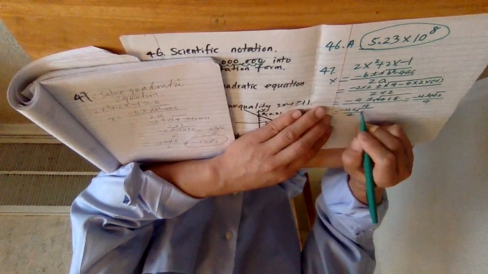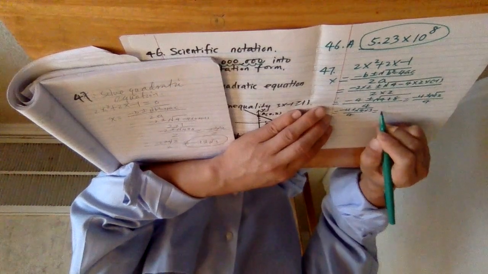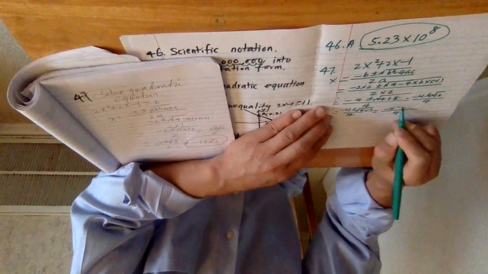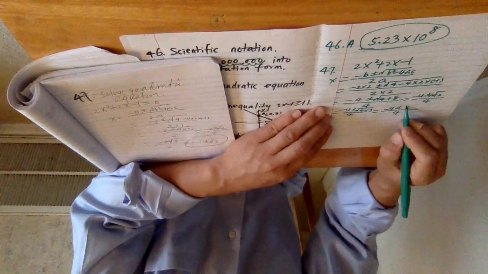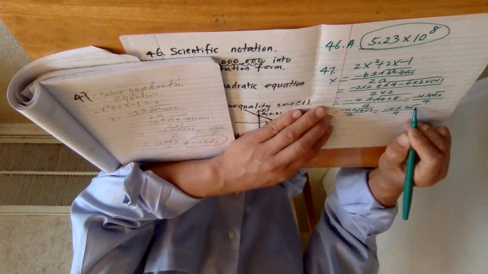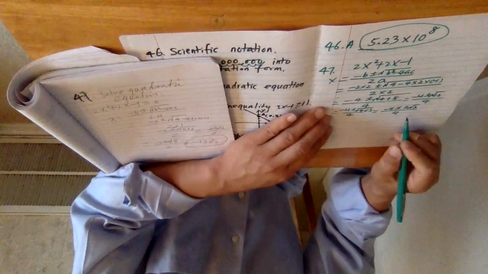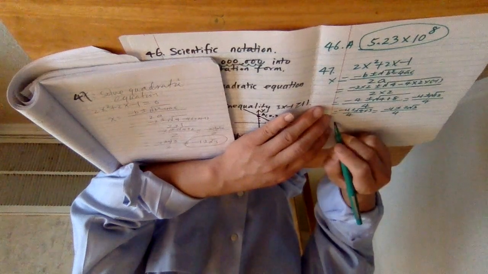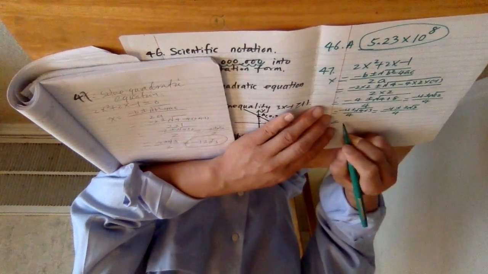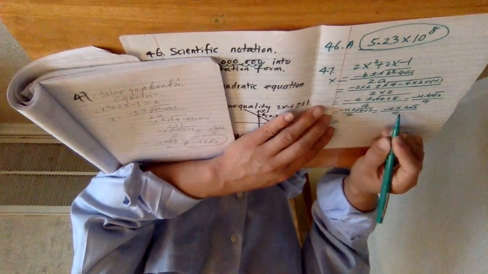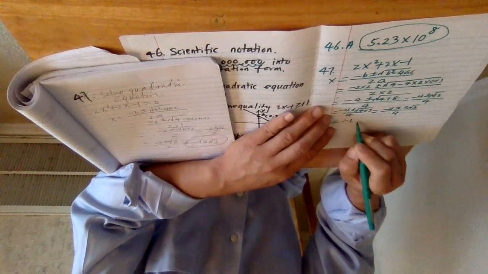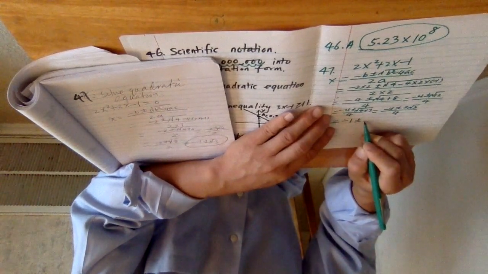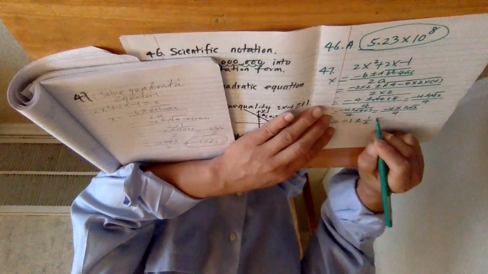We can write 12 as 4 times 3, so we can take the square root of 4 out, which is 2, times the square root of 3. Now we can simplify by dividing by 2 on both numbers, so it becomes negative 1 over 2 plus or minus half the square root of 3.